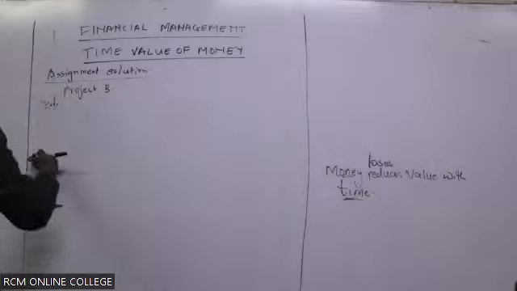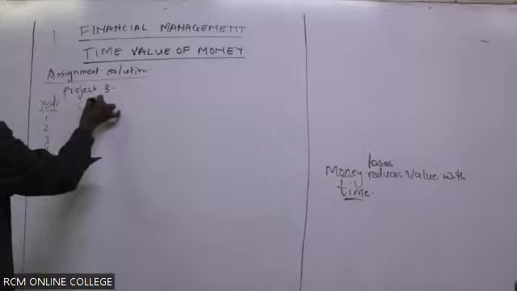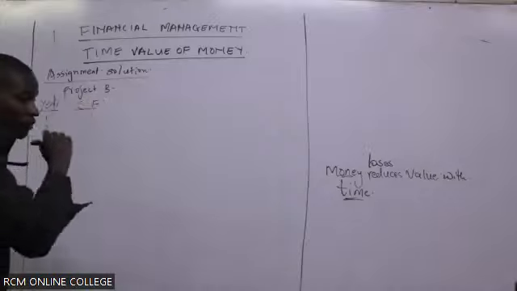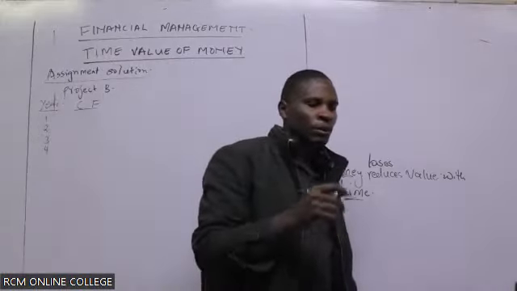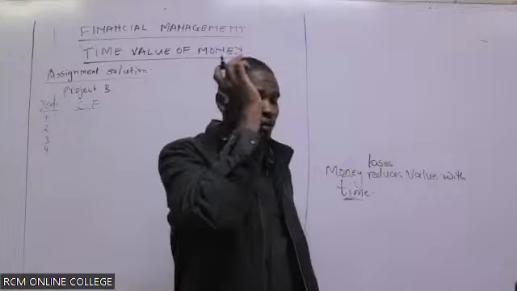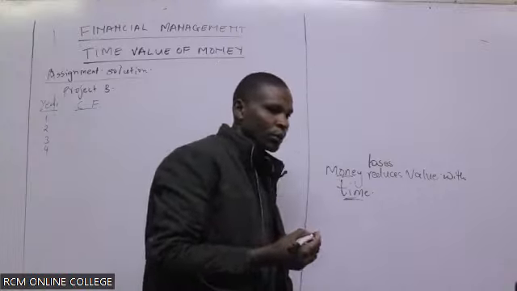It had year 1, 2, 3, 4, and I cannot remember the cash flow for the project. So somebody tell me, what was the year one cash flow for this project?